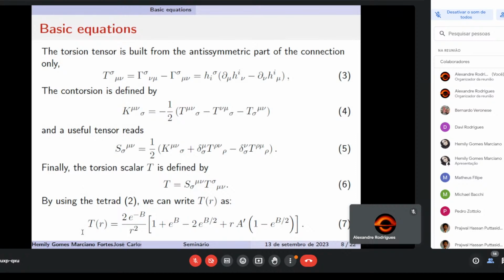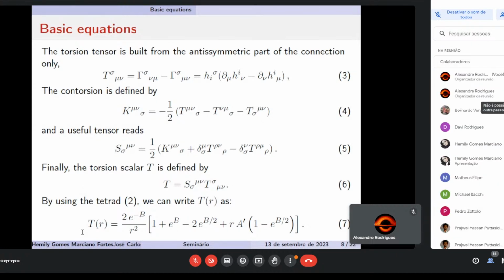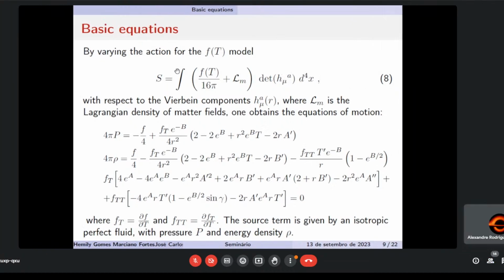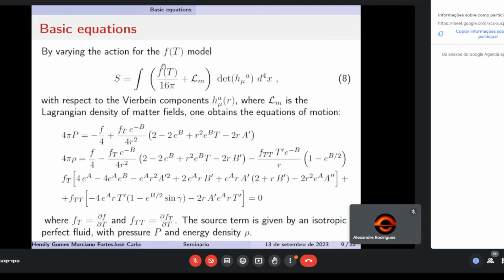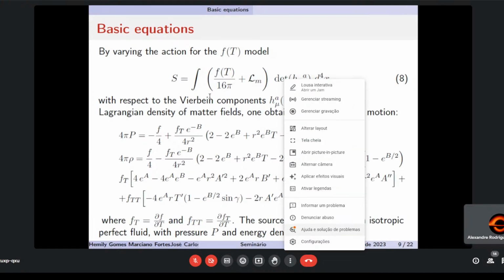And this is important because if you want to add some nonlinear terms to the basic theory, you have to add the terms with this kind of expression T. So, for example, we have the teleparallel model, where we have only the torsion here, the linear term, but if you want to have an alternative gravity, we have to add some additional terms.